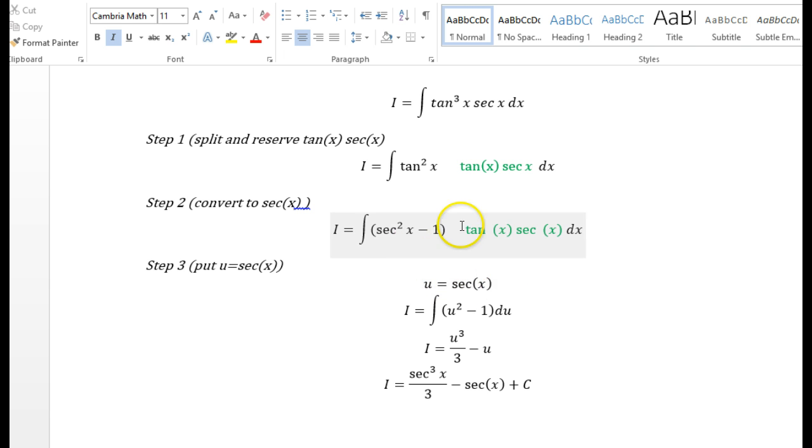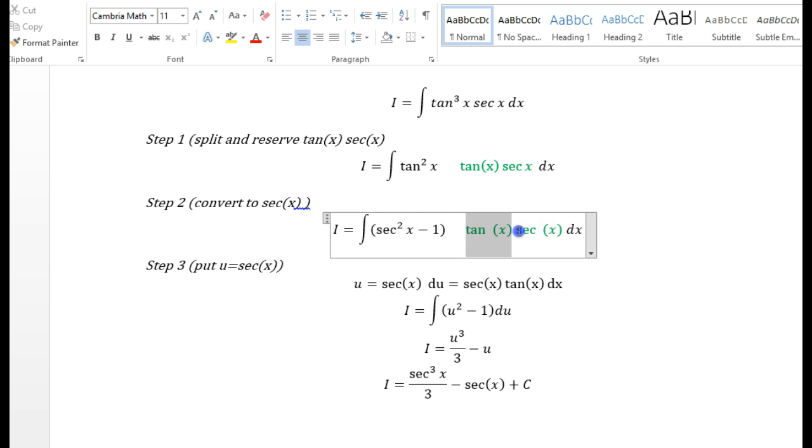So when you put u equals secant x, then this part will be what? u squared, then you have minus 1. So what is this? Now if u is equal to secant x, we know that the derivative of u, which is du, would be equal to secant x tangent x dx, right? So that's the derivative.